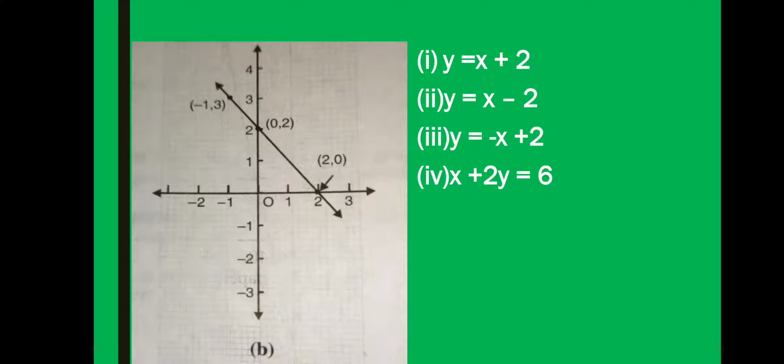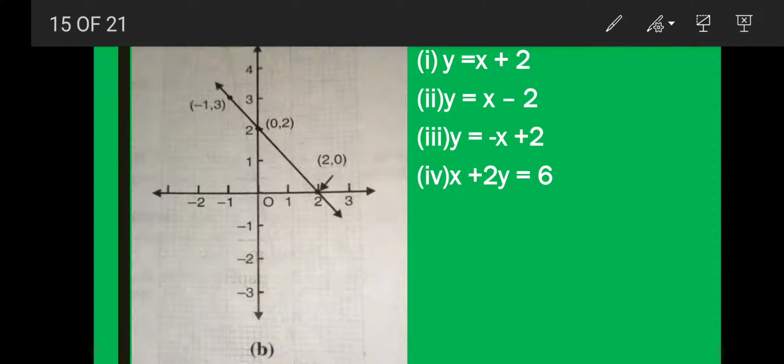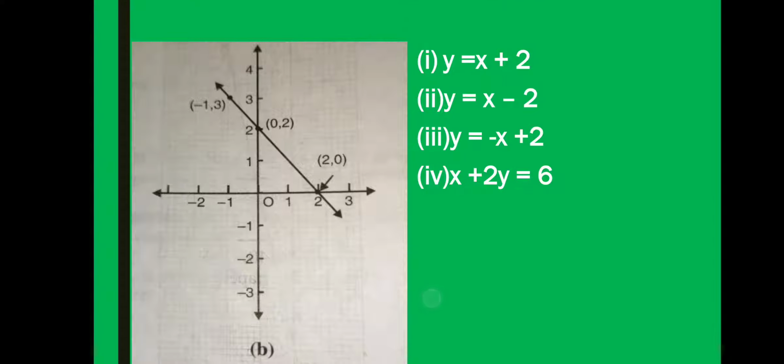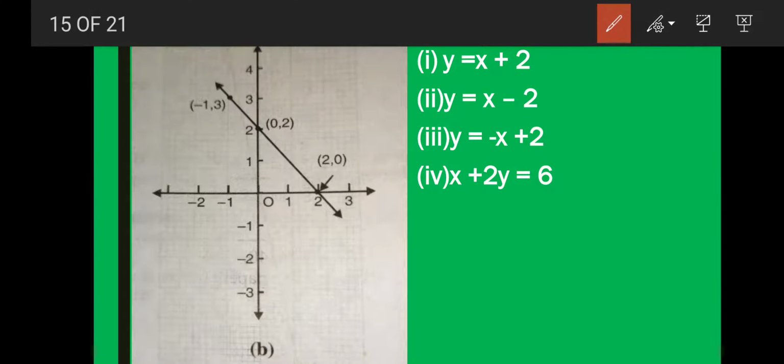So y is equal to, from here y is 3. Okay, that means in first equation we put 3 is equal to x is minus 1 plus 2. So this is 3 is equal to 2 minus 1, 1. So this is not equal. That means first option is wrong.